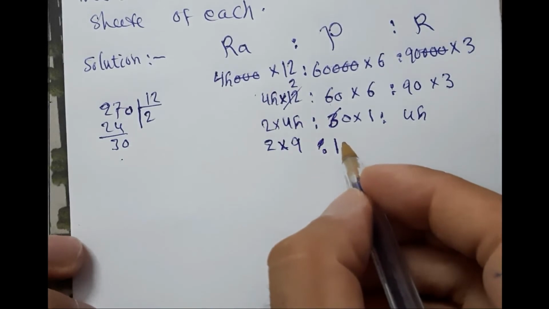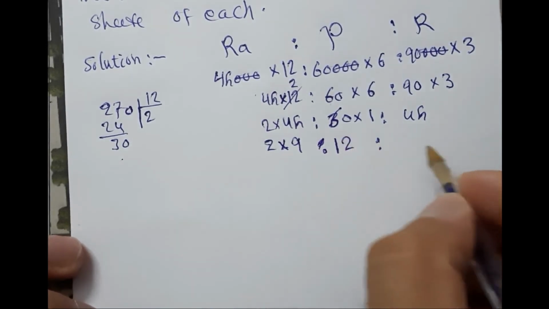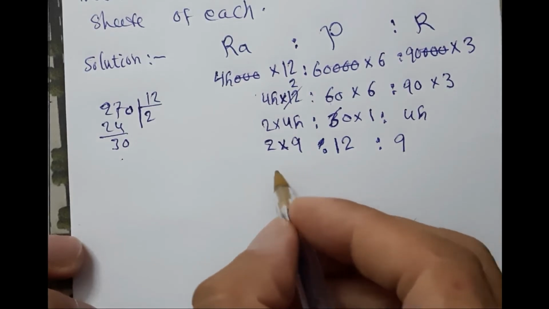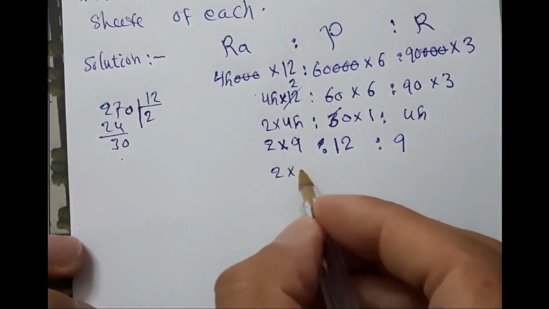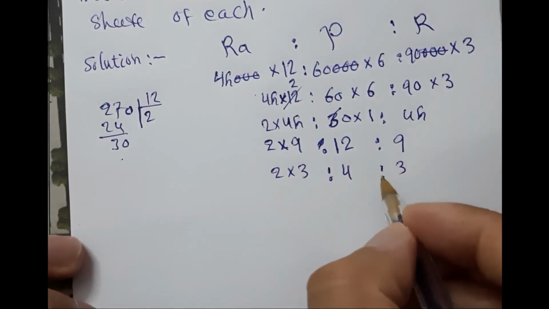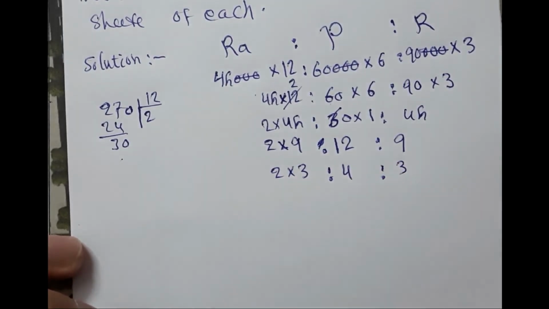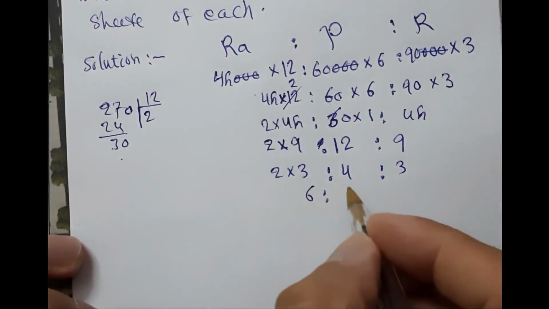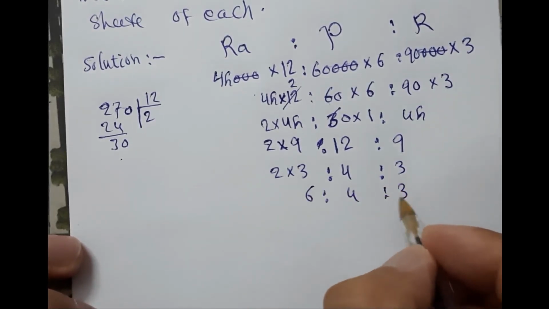Again it is divisible by 3, and we get the ratio 6 : 4 : 3.